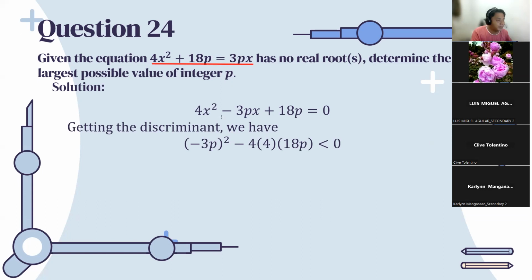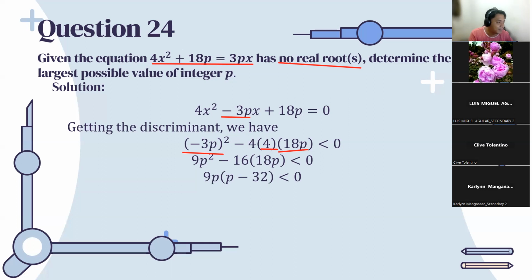So we have b, which is negative 3p, squared, minus 4 times 4 times 18p, that is less than 0. Why is it less than 0? Because we have no real roots, so you must have less than 0. So you have 9p squared minus 16 times 18p is less than 0.